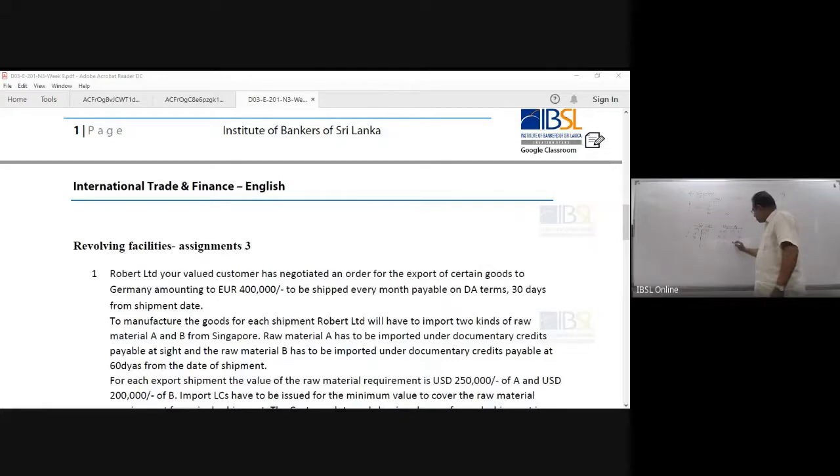May documents end in July. The period from here to here is only 60 days, not 90 days. Why? One month is taken off for the gap between the shipment date and the receipt date. So even though the customer has been given the supplier's credit of 90 days, effectively the buyer gets only 60 days, right?